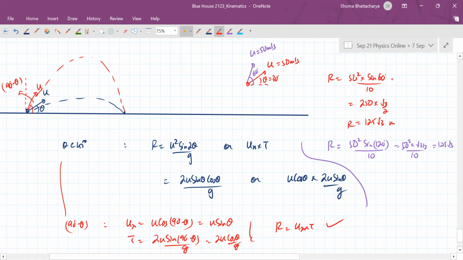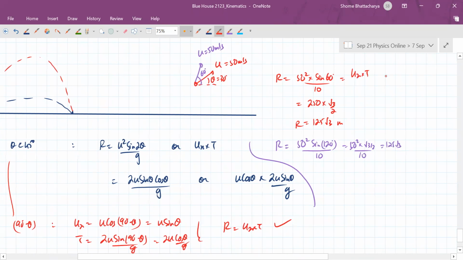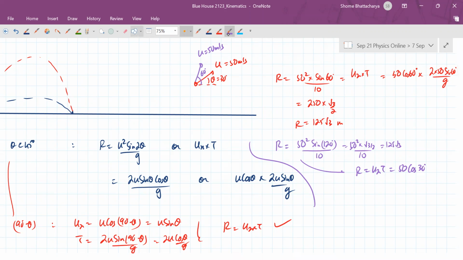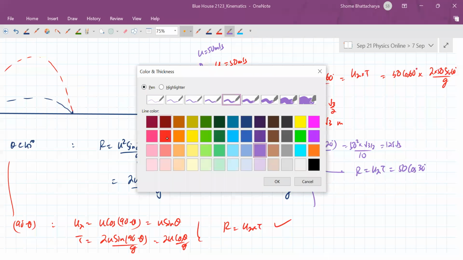So why this happens is that here it is ux into t, so that ux is 50 cos 60 degrees, and the time of flight is 2 into 50 sine 60 divided by g. Here the same thing, they are getting interchanged. It is cos 30, oh sorry, here it was 30, here it is 60, anyhow.